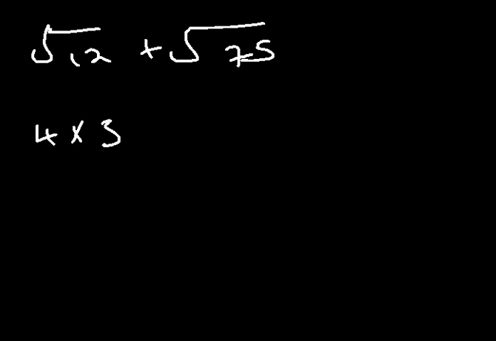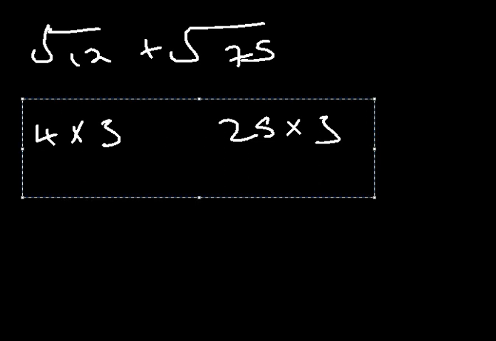This is the pair of factors of 12 that contains one factor as a perfect square. And how about 75? For 75 we have 25 times 3.